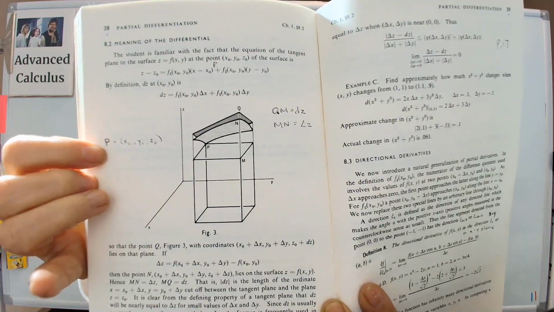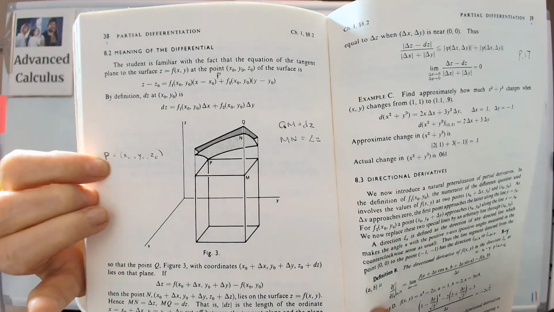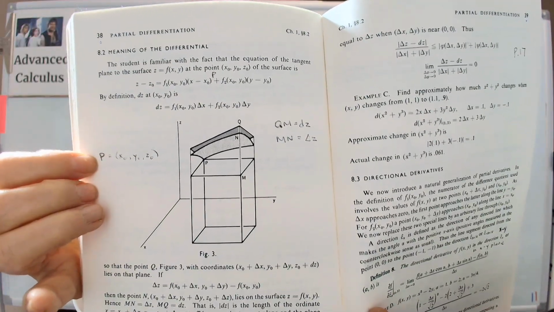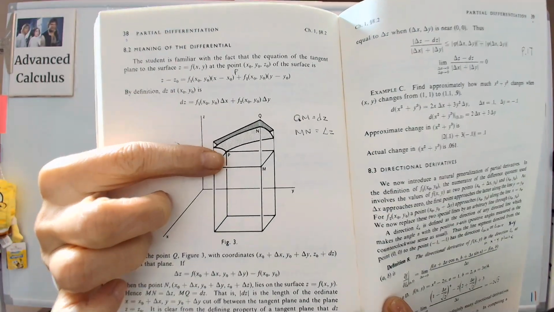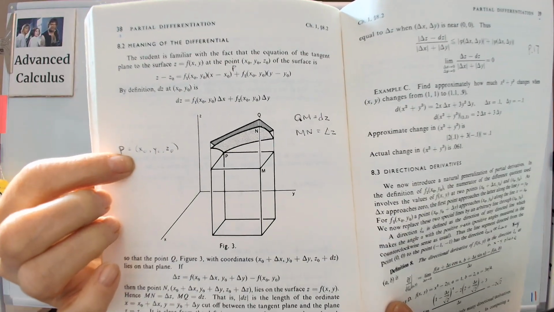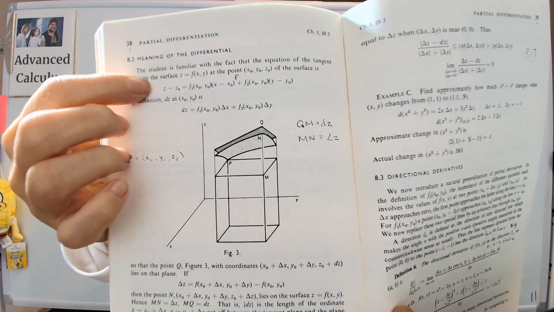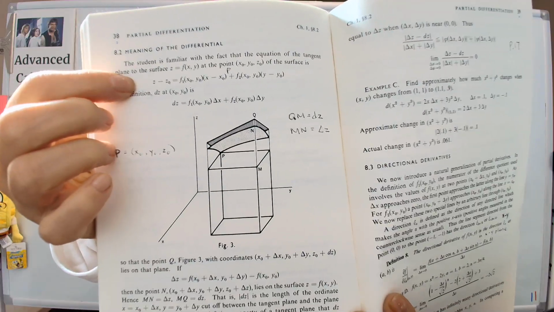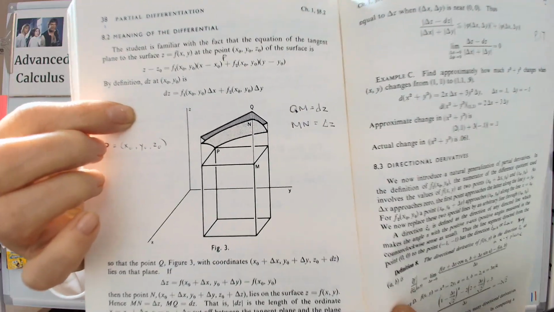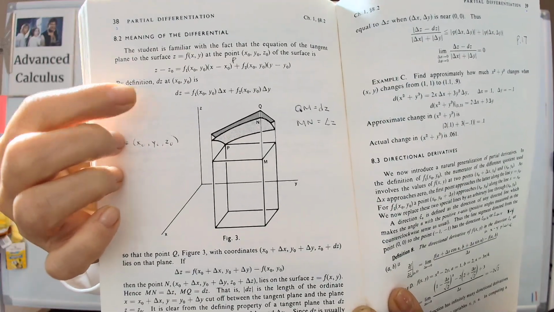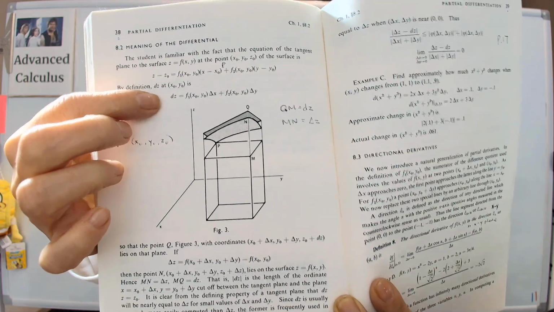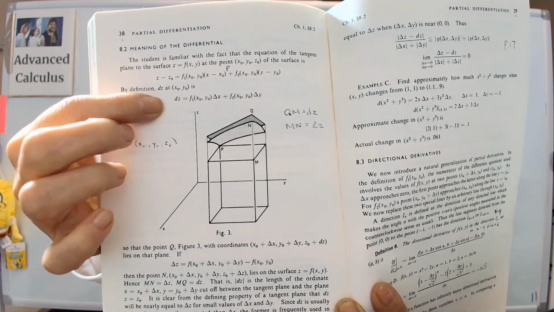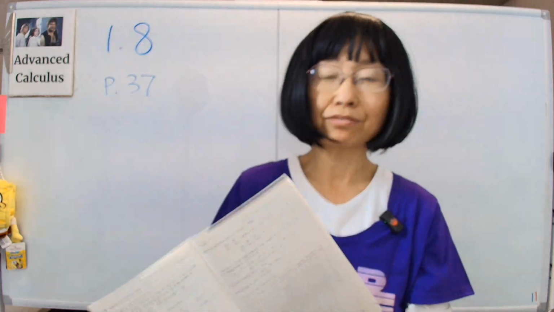The book didn't exactly say that that's the point P, but it does. They're saying P is x0, y0, z0. So here's the tangent plane, and dz will be defined as we recently did the differential: dz is f1 delta x plus f2 delta y.